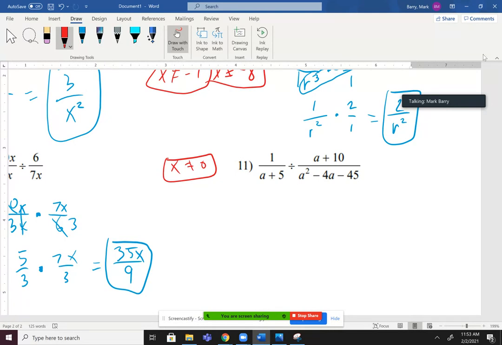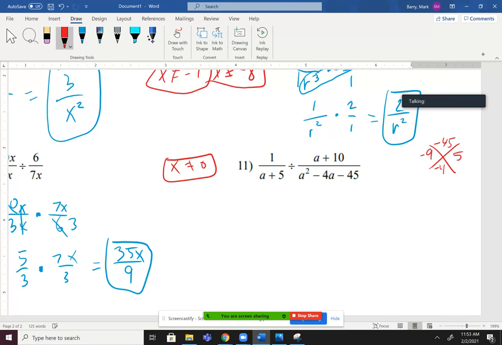So I'm going to go ahead and factor this a squared minus 4a minus 45. So I'm going to think of two numbers that multiply to negative 45 and add to negative 4. So if you can think of those, go ahead and write it down. Okay, I got 9 and 5.